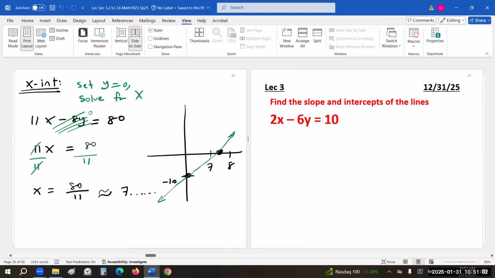Okay, then let's begin with this example. Find the slope and intercept.